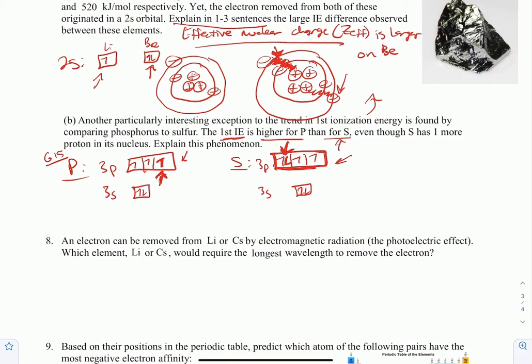It actually breaks the trend that we normally see in the periodic table, where ionization energy increases this way and this way, because of this phenomenon where we have a half-filled P subshell, and then going on to the next group we would be removing an electron to gain the half-filled subshell.